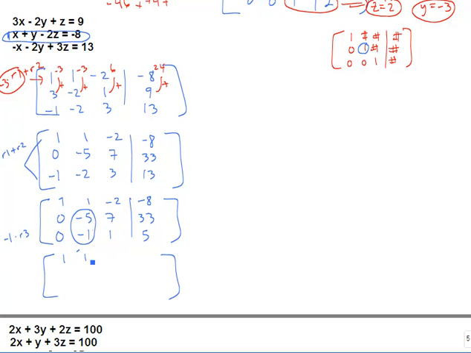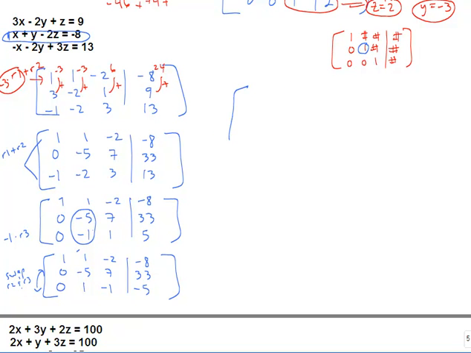Keeping the top row the same, the middle row the same, and multiplying through by negative 1, I just get 0, 1, minus 1, minus 5. And now I have a 1, I just have it in the wrong spot. So all I'm going to have to do now is swap row 2 and row 3, and that will get me the 1 in the position I'm looking for.